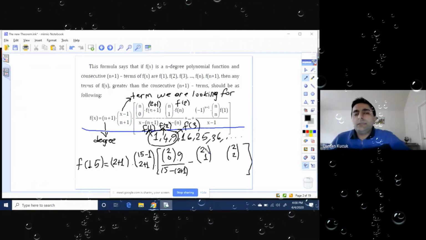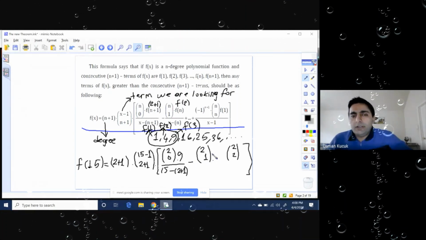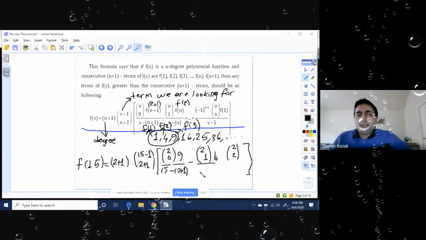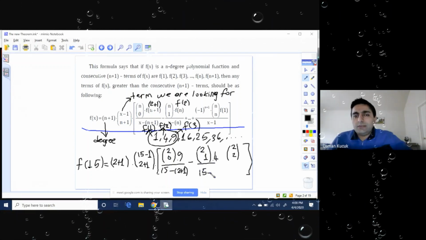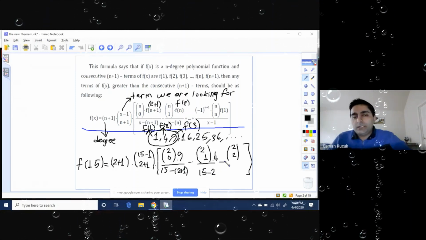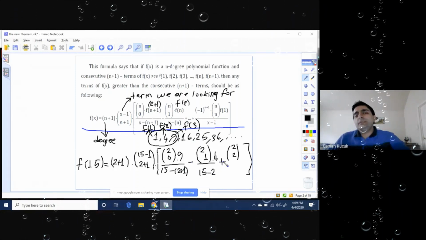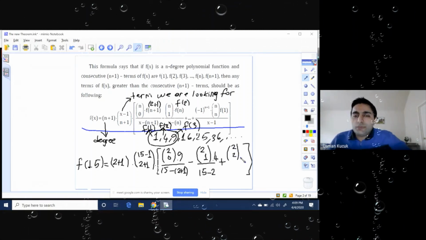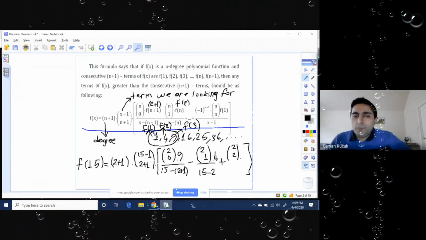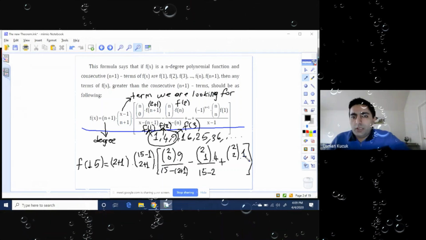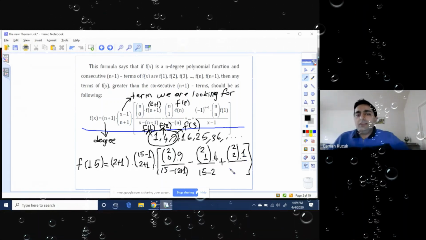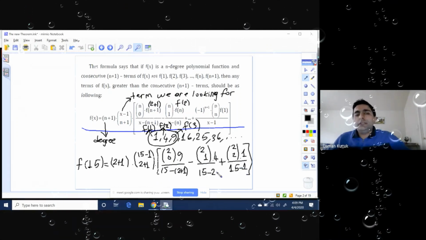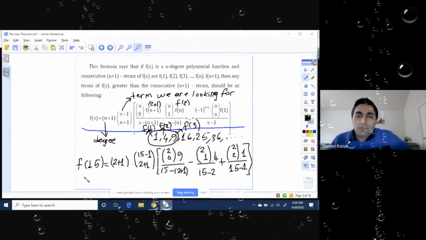Minus, multiply 2 combinations of 1 by 4, then divide it by 15 minus 2. And plus, it goes by minus plus minus plus, so plus 2 combinations of 2 times f of 1, which is 1, then divided by 15 minus 1. When you calculate this, you are going to get f of 15.